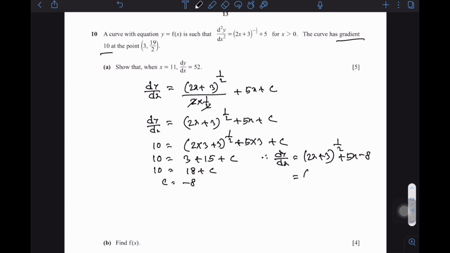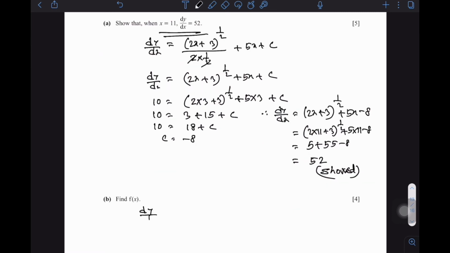Now, if I use the x value there, x is 11, 2 times 11 plus 3, 5 times 11 minus 8. So 22 plus 3, 25, square root of 25 is 5, plus 55 minus 8. So 55 plus 5, 60, 60 minus 8, this is 52.